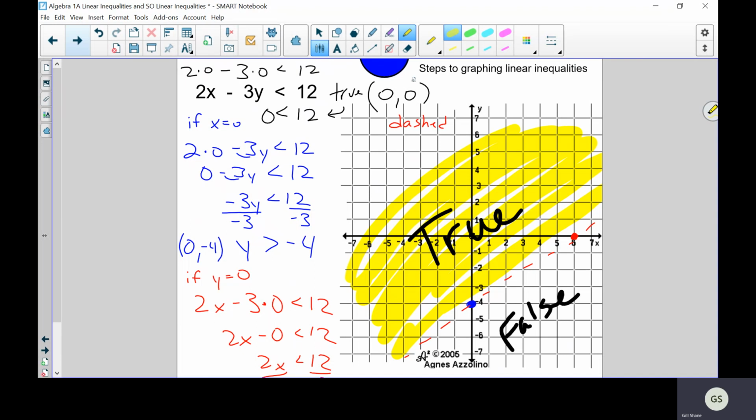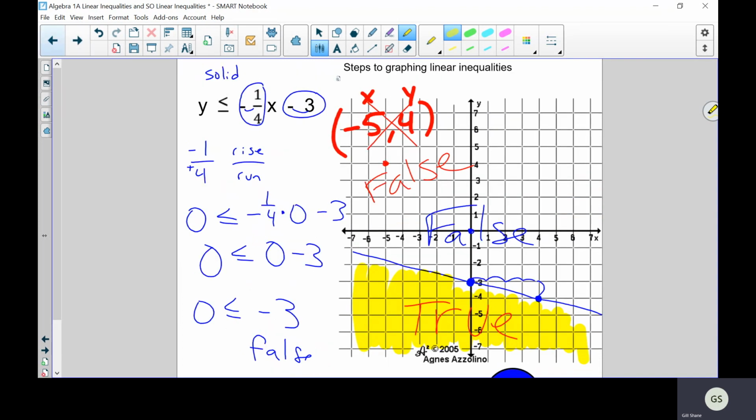Oh, I was doing it too. So that's what we did in red, don't get confused. Remember, actually, I'm going to erase that. I tested a point that Tristan gave me first.